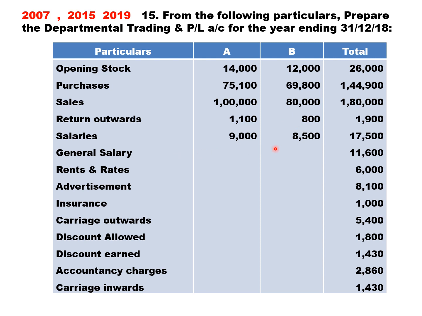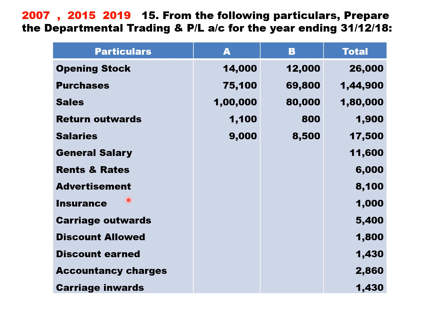Then we have salaries, which will come in PL account: general salary, rent and rates, advertisement, insurance, carriage outward, discount allowed, discount earned, accountancy charges, and the carriage inward. Students, in this problem, general salary has to be distributed equally as mentioned in adjustment number 2. Rent and rates should be distributed on the basis of area occupied given in adjustment number 3.